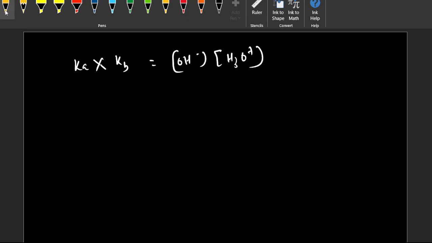Note that this Ka and Kb are conjugate. We are talking about a conjugate pair.